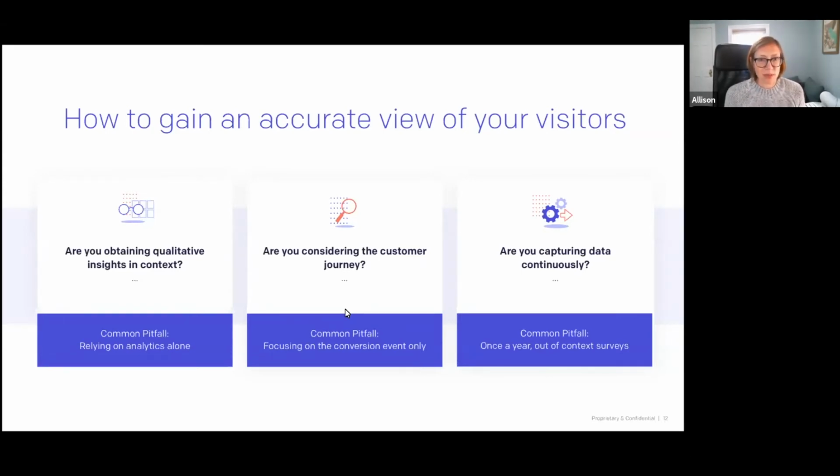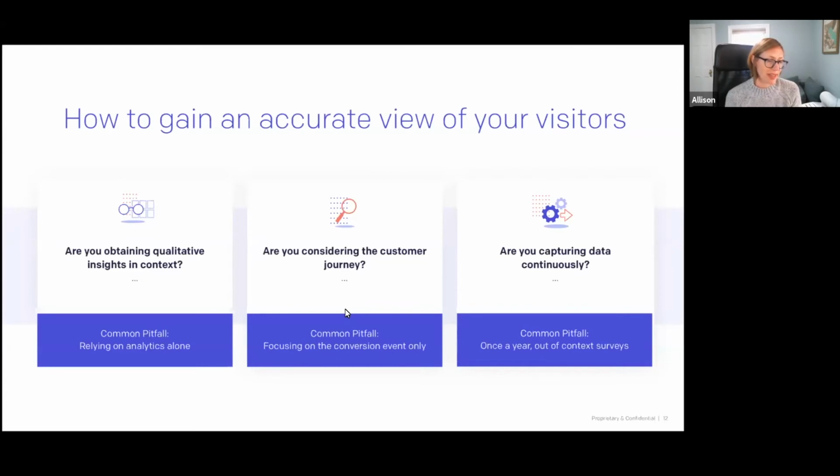But it's really important to take it one step further and get the actual users who are on your site evaluating your product in real time. If you're just relying on analytics for that information, you may be missing some really critical pieces of insight.